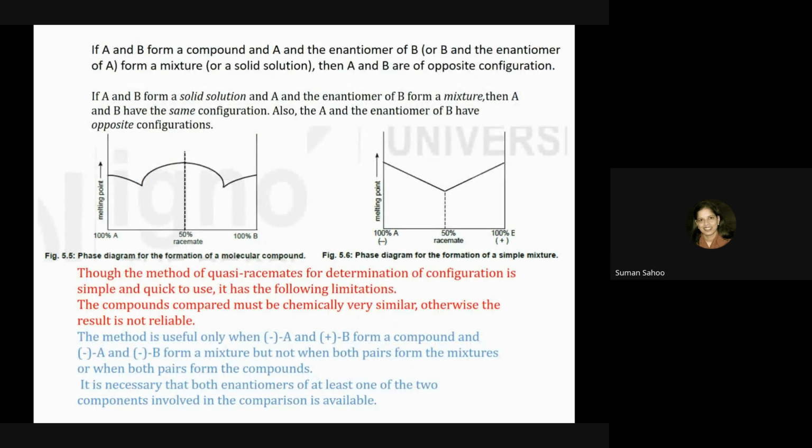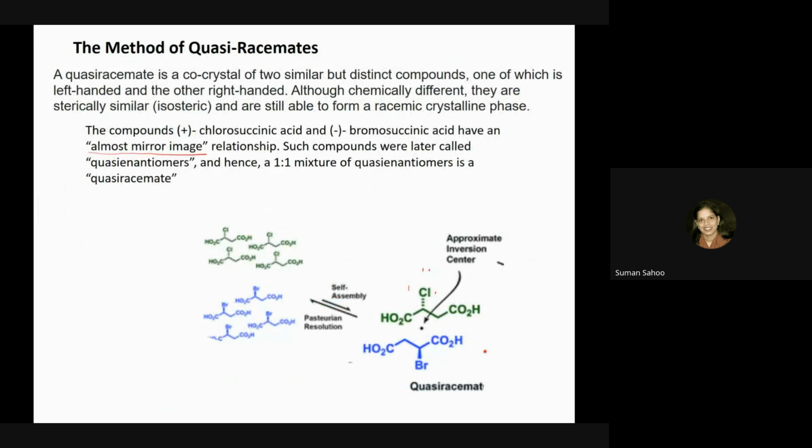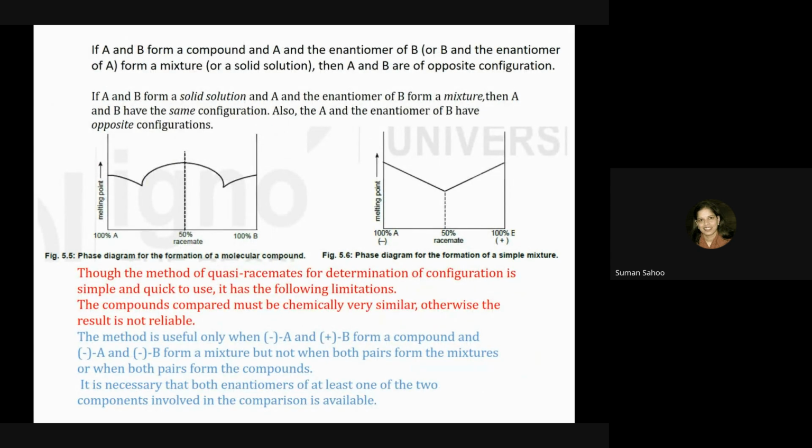If we say this is plus chlorosuccinic acid and this one is minus bromosuccinic acid, suppose this is A and this is B. If we mix these two, that forms a quasi-racemate. So how do we know that it is forming a quasi-racemate?